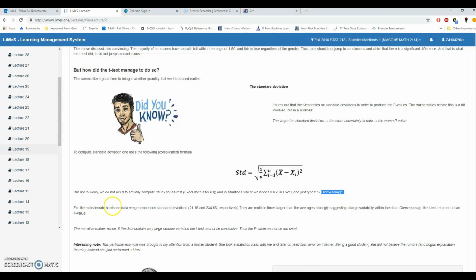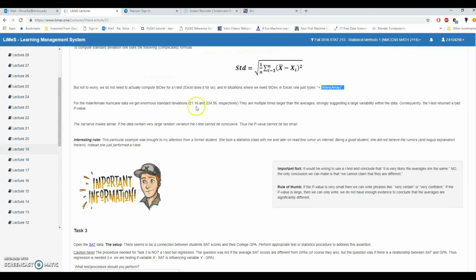For the male and female hurricane data, we get enormous standard deviations, 21.16 and 34.56 respectively. They are multiple times larger than the averages, strongly suggesting large variability within the data. Those are very large.